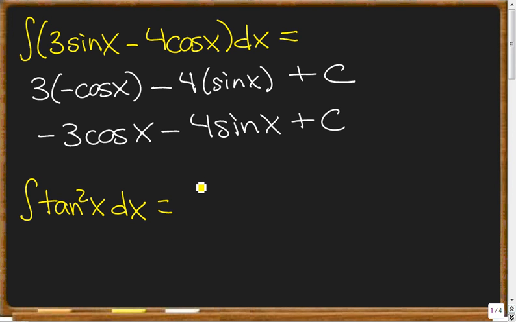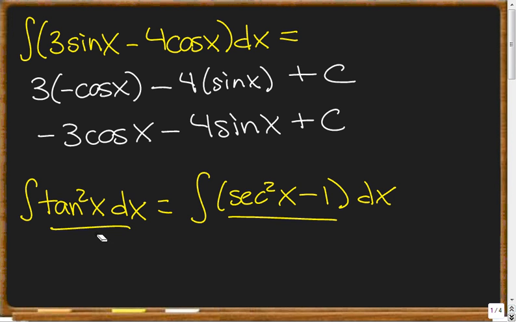We can rewrite tangent squared as the integral of secant squared of x minus 1 dx. So these two things are exactly the same, and we can use those identities to help us out.